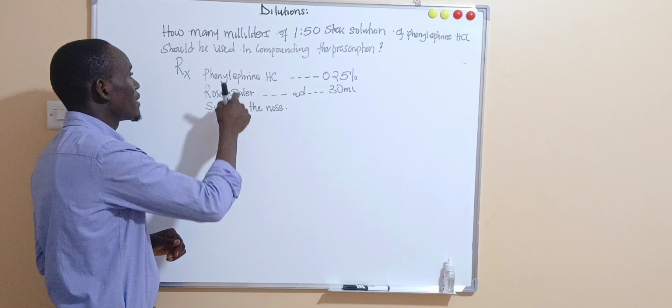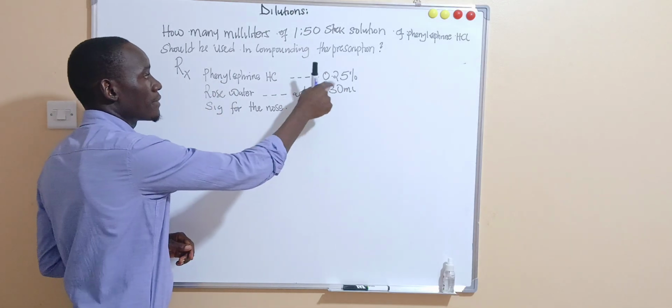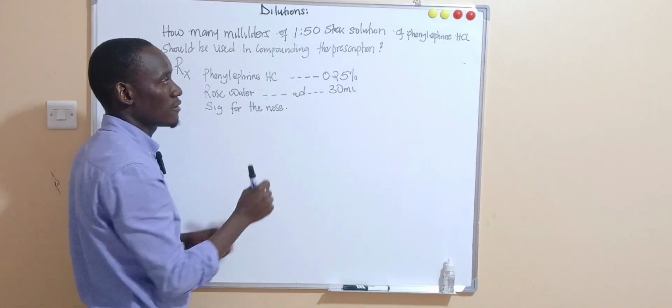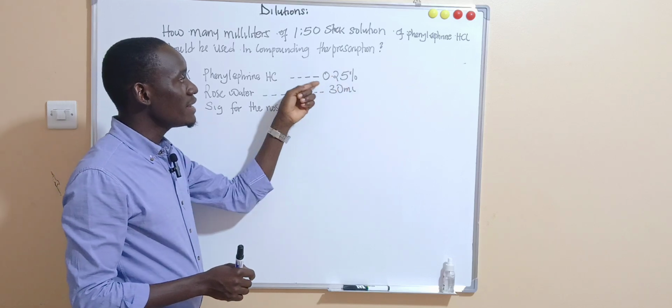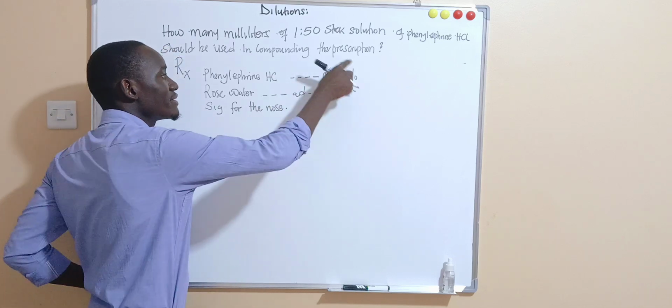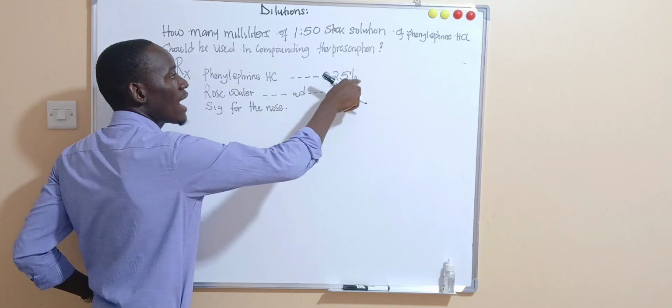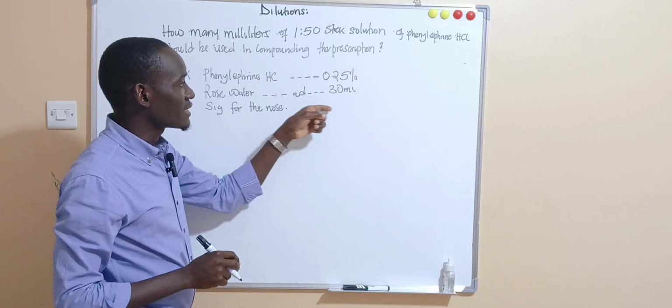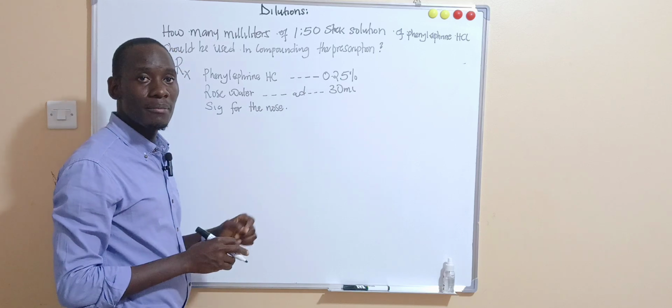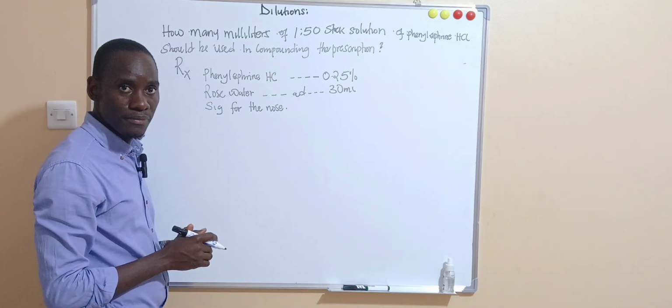Since they want you to prepare 0.25%, it means that this will be our final concentration, and the certain mils will become our final volume.